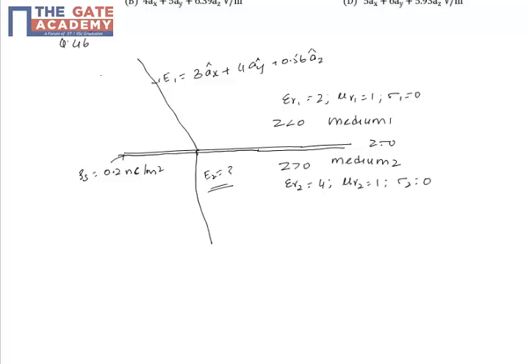The first important boundary condition is that the tangential components of electric field intensity are equal. So what are the tangential components for E1? These two, ax and ay, form the tangential components for z equal to 0, and the z component is a normal component.